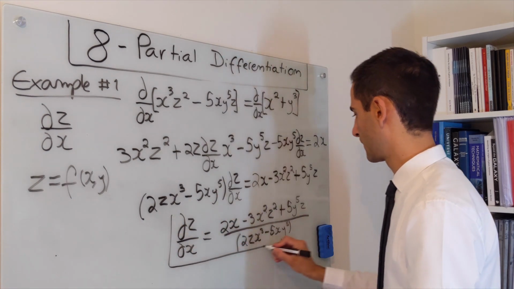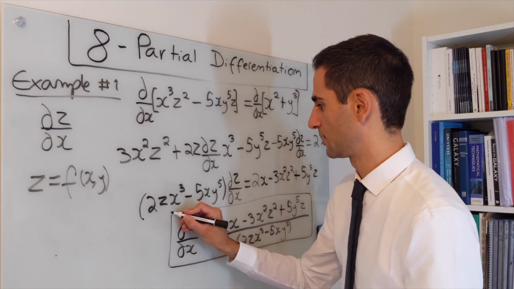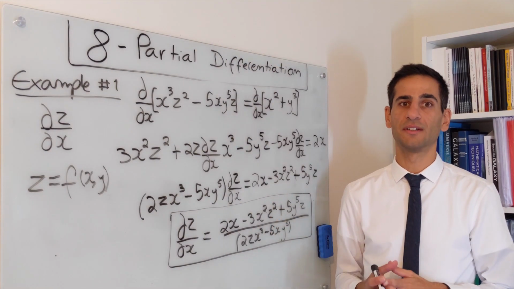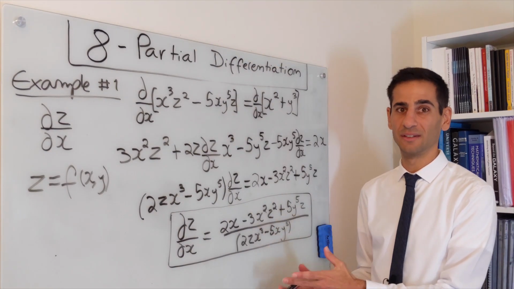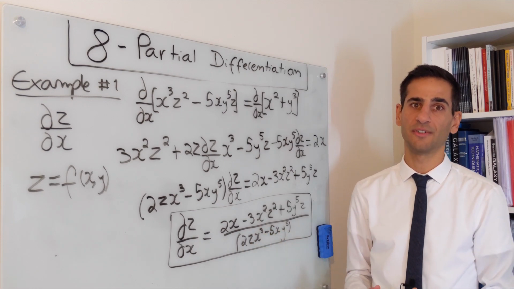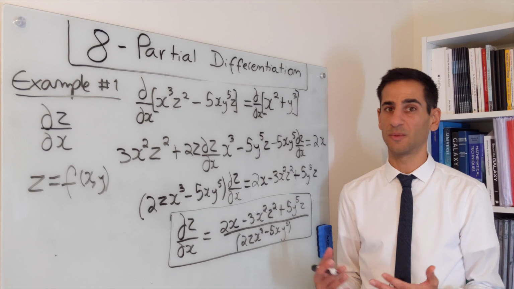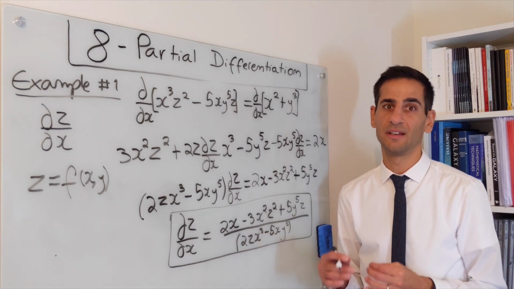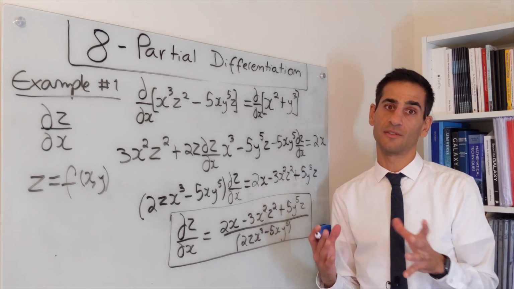And this will be our final answer. For implicit differentiation of functions of one variable, it is okay to leave the implicit function here, in this case z. You don't need to further simplify it. And in most cases, that will not be possible and definitely not easy. So you could leave this as your final answer.